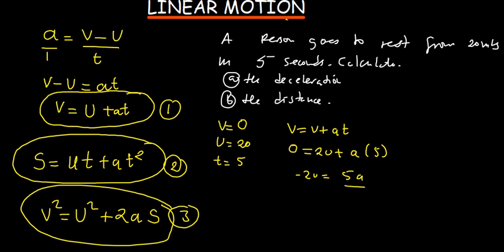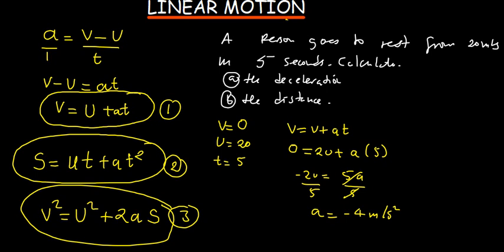So divide both sides by 5. So acceleration is going to give you negative 20 over 5, that would be negative 4. Remember the unit for acceleration, meters per second squared. But the question is saying find the deceleration, not the acceleration. So whenever you see a negative in front of acceleration, that means it is deceleration or retardation.